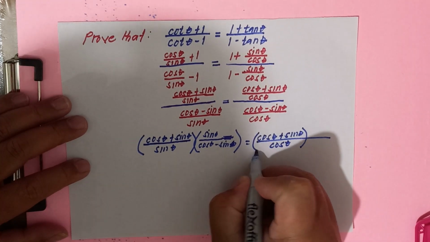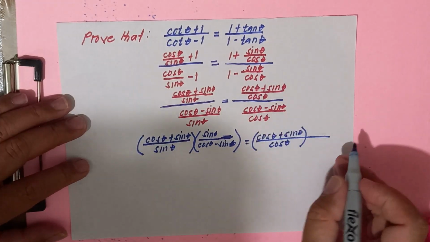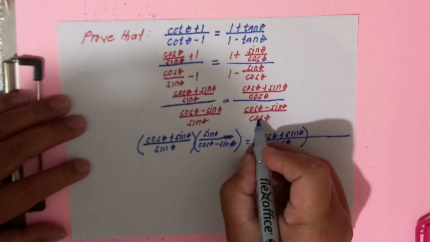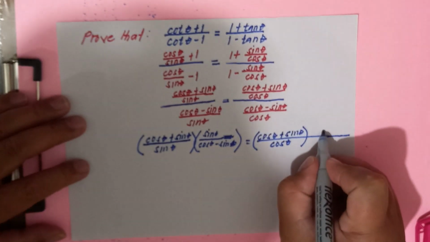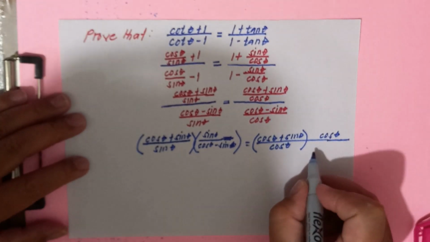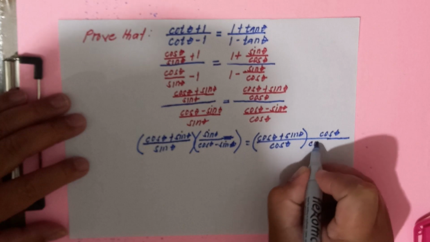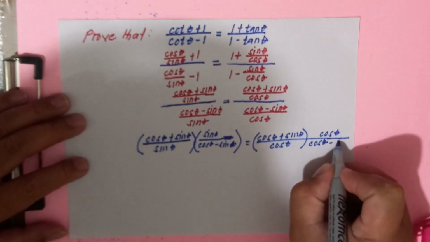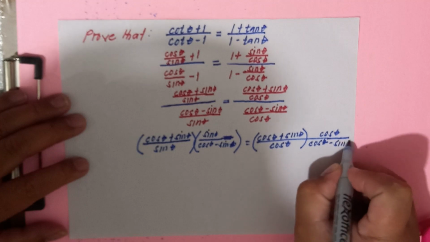Notice that that is the numerator. How about the denominator? The denominator, get the reciprocal. So, reciprocal is cosine theta over cosine theta minus sine theta.